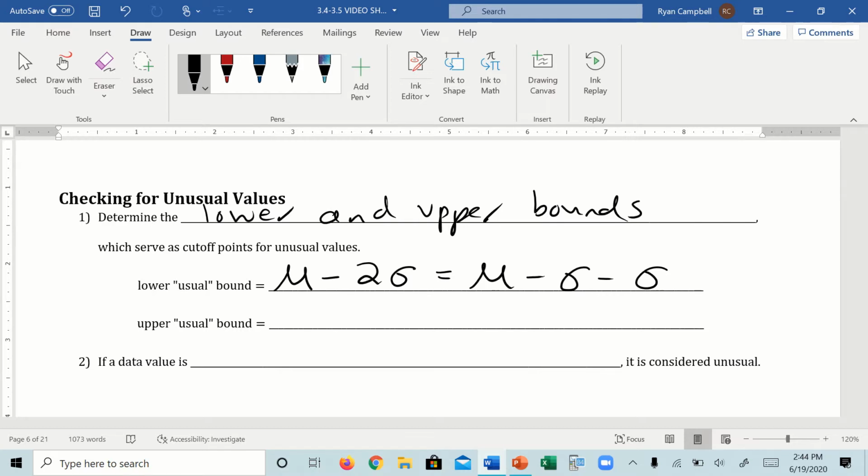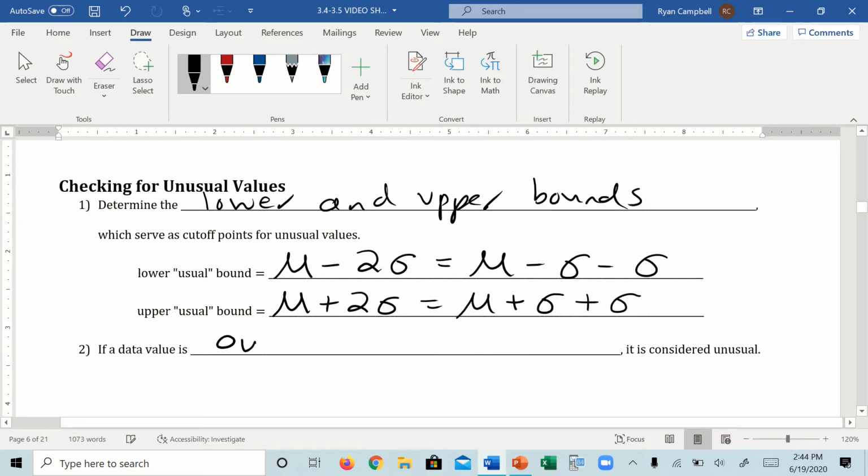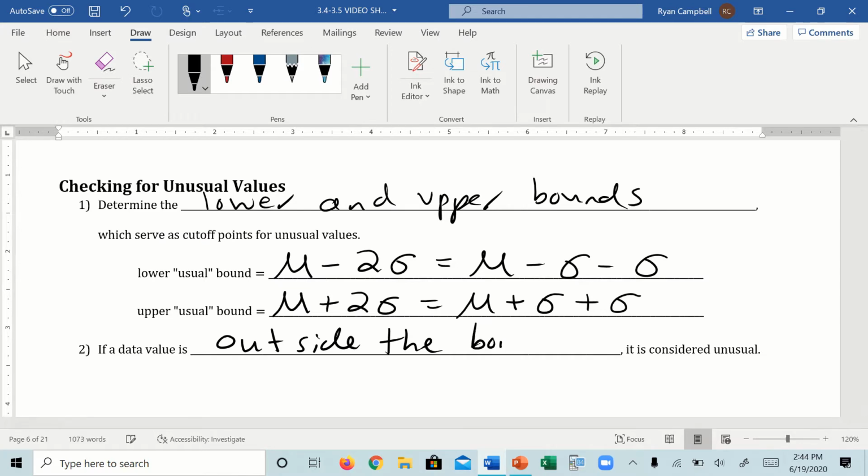For the upper bound, we're going to take the mean and add 2 standard deviations, or take the mean, add a standard deviation, add a standard deviation. If the data value is outside of the bounds that we've created, it's going to be considered unusual. So this is one way to do it. I'll show you a different way to do it in a second too.